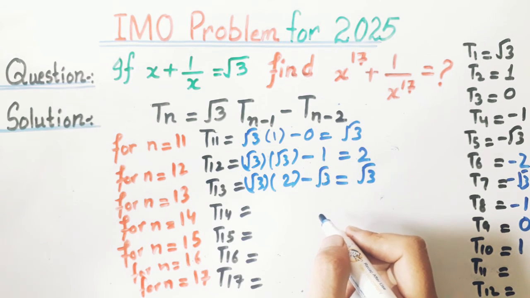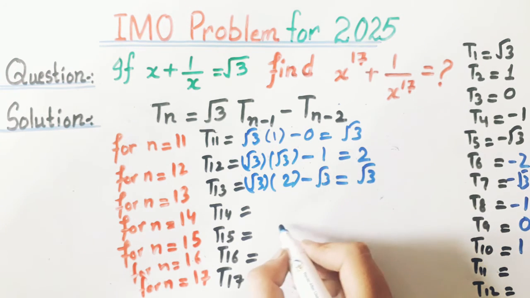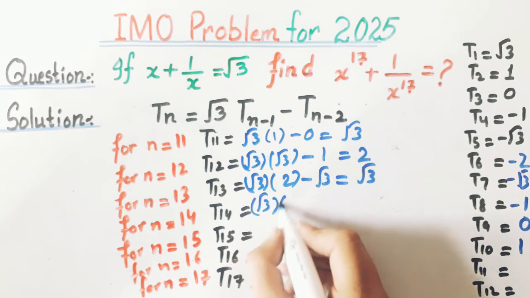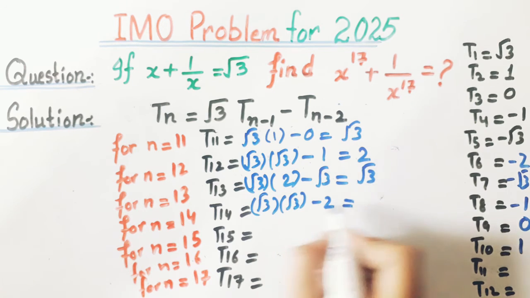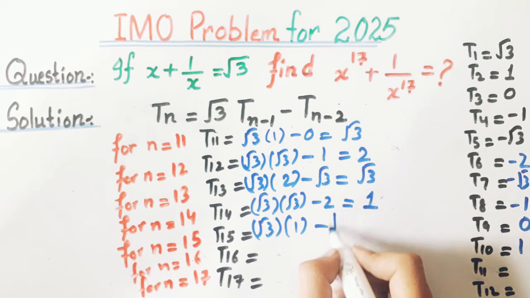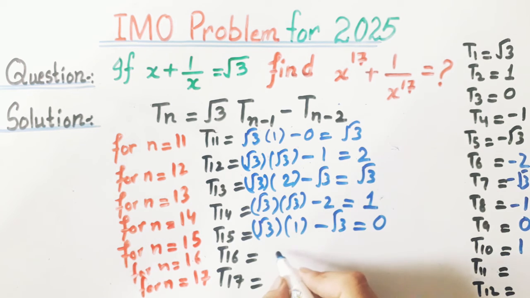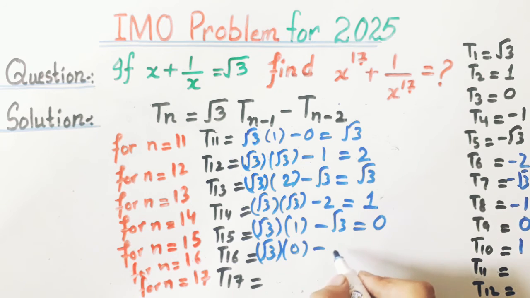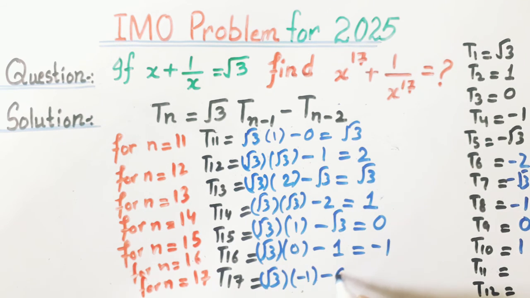And square root 3 into 2 minus square root 3, that is square root 3. Then square root 3 into square root 3 minus 2, so 3 minus 2 is 1. Then square root 3 into 1 minus square root 3, this is 0. So square root 3 into 0, then minus 1, that is minus 1. So square root 3 into minus 1 minus 0 is equal to minus square root 3.